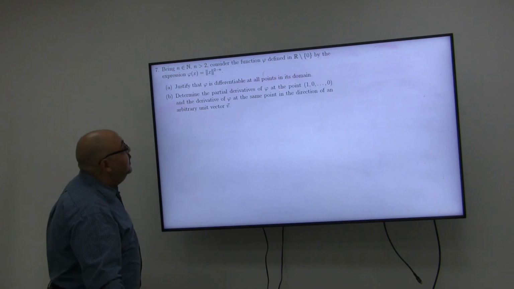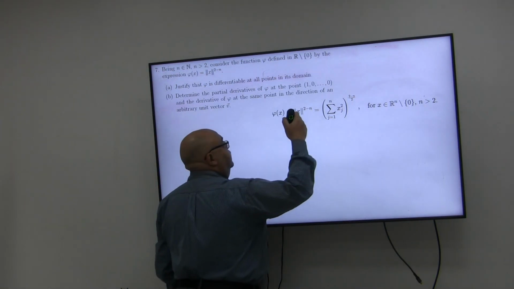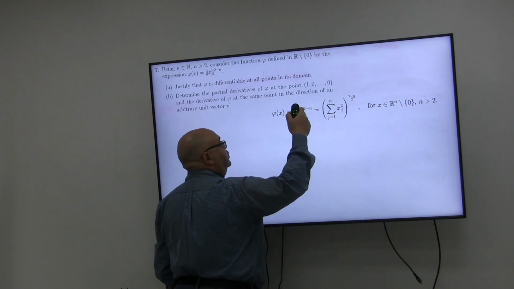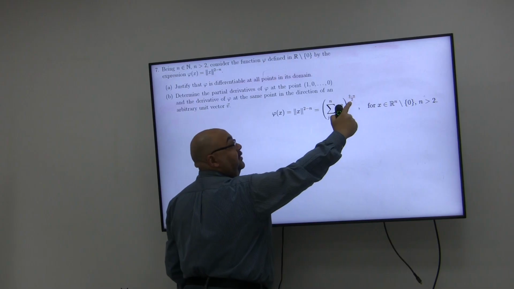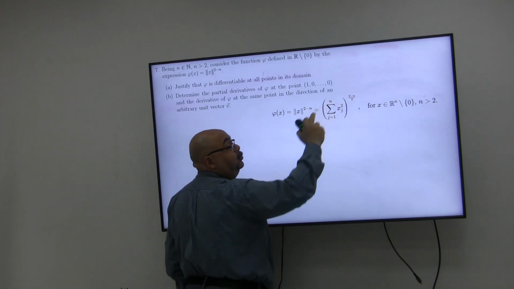It's an open set. So once more, phi is going to be the square root that we talked about, which means the power will be divided by 2, and it is a sum of squares, from 1 up to n.